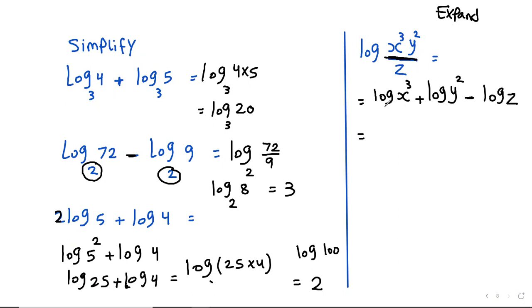The next, we have log x to the power of 3, so it's going to be written as 3 log x plus, here we have log y to the power of 2, it's 2 log y, minus log z. Okay, this is the expanding of this one here.